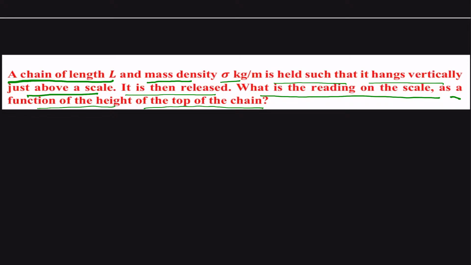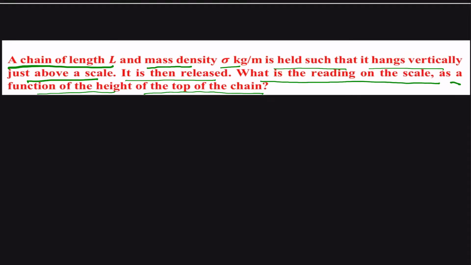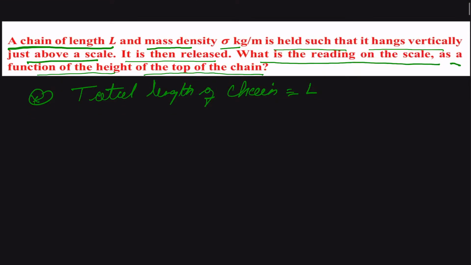So we are given, so let us start with that. We are given that we have a chain whose total length of chain is capital L, and linear mass density is given as rho.